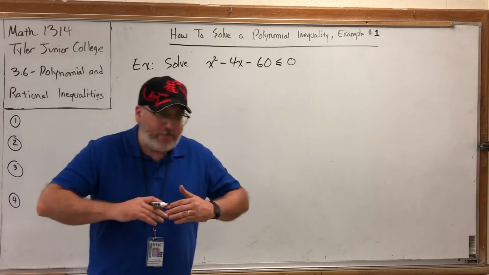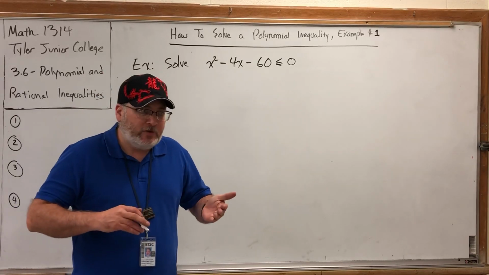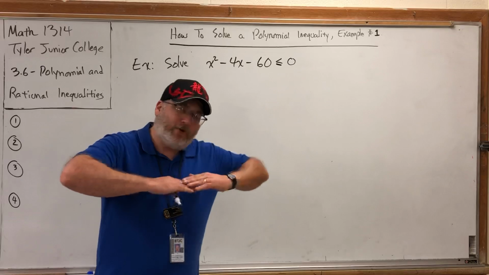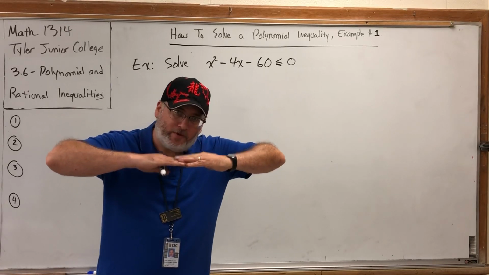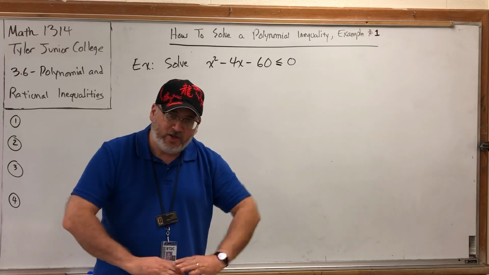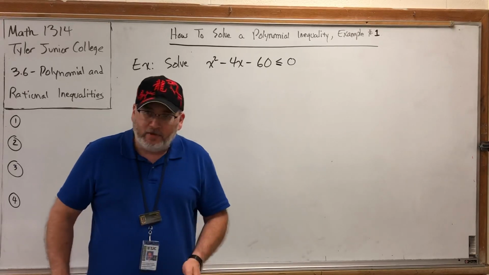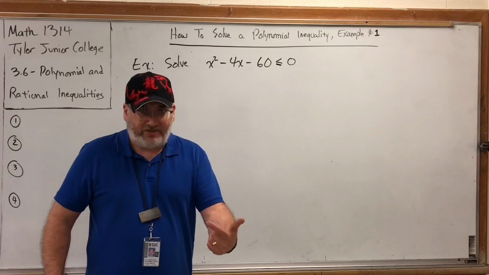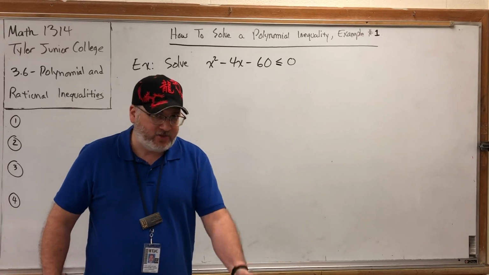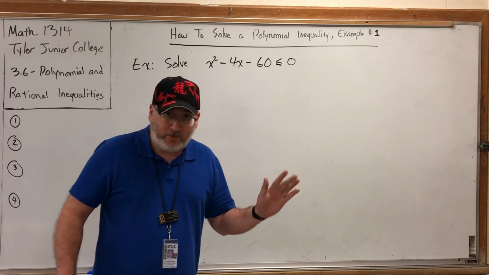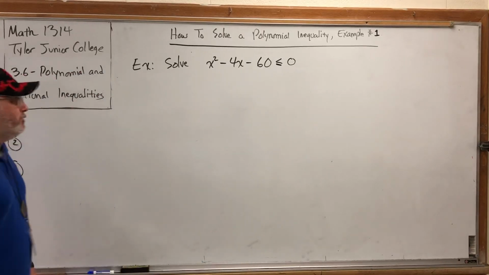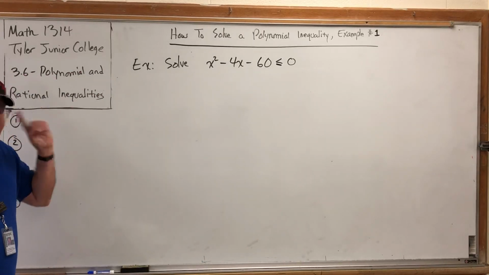Regardless, if we have the graph of a function and we're looking for the intervals that separate where the graph is above the x-axis from where the graph is below the x-axis, then the points that separate it are where the graph is on the x-axis, aka the x-intercepts, aka the zeros of the function, however you want to view it. So the first thing we have to do is figure out what makes this equal.